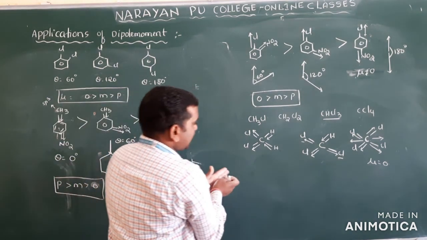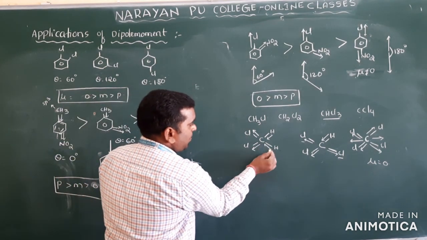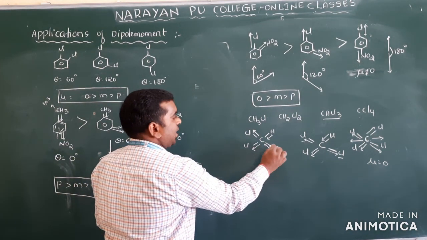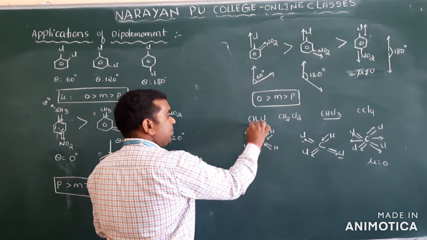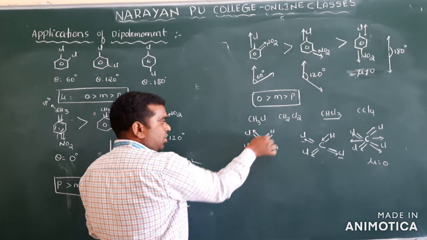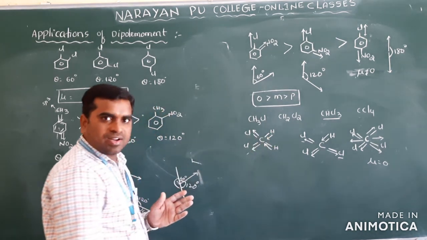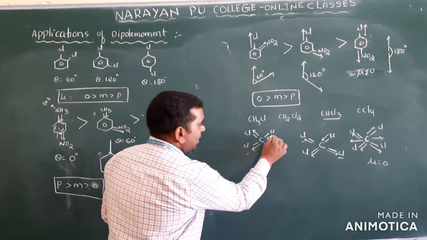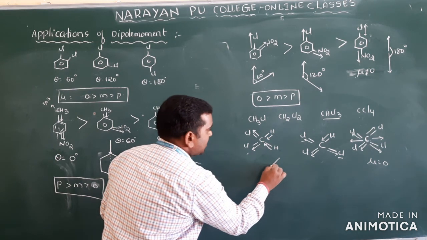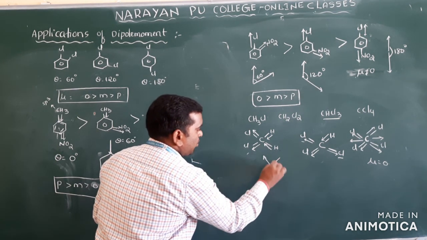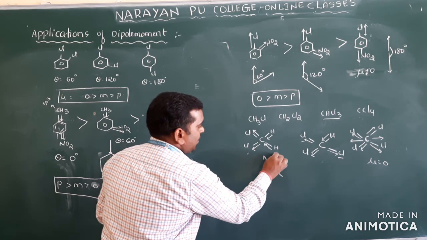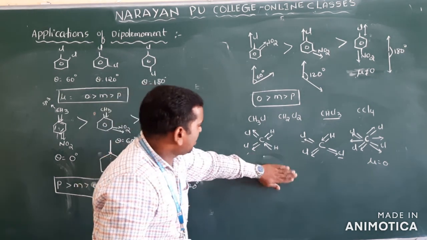So you see in this case, the dipole moment of this and the chlorine dipole moment are both in the same direction, and here also both are in the same direction. Clear? Or if you see the resultant of these two, if you take the dipole moment is this, the resultant will be in this direction. Clear? So resultant not required here.